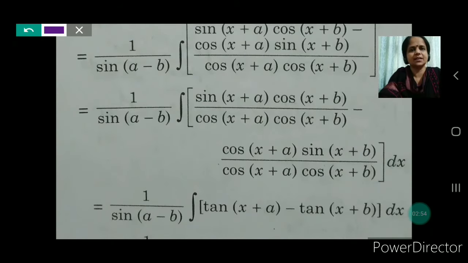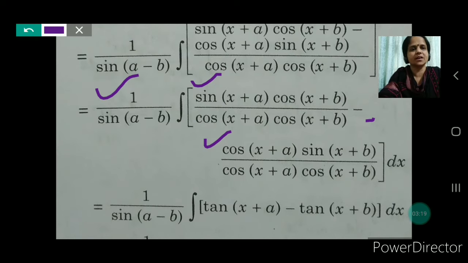Now in the next steps, separate the terms. In the first term you will get sine x plus a into cos x plus b by cos x plus a into cos x plus b, then minus cos x plus a sin x plus b in the denominator, cos x plus a cos x plus b.